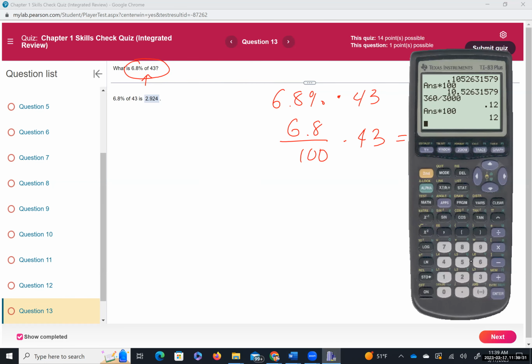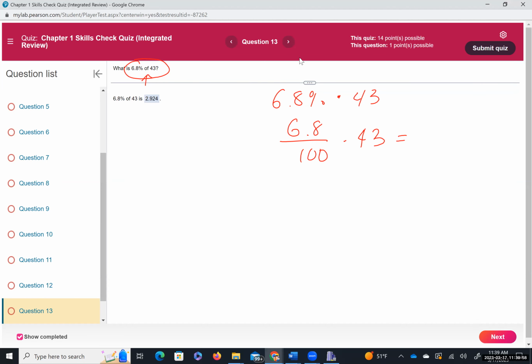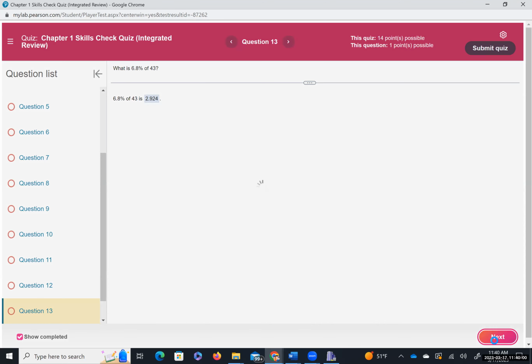Then use the calculator: 6.8 divided by 100, and then multiply by 43 and enter that. You get 2.924. That's the answer. I don't want to round because the question doesn't ask me to round anything. So I'm going to move to the next one.